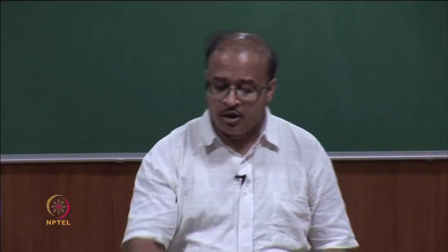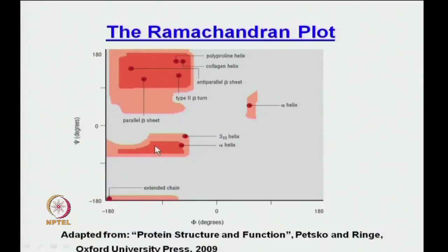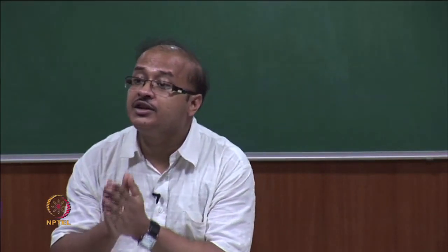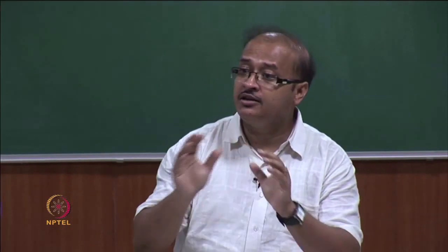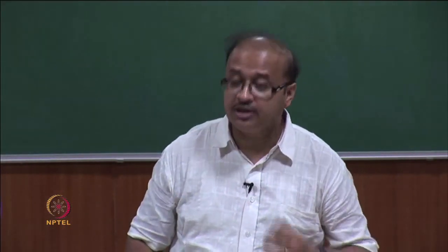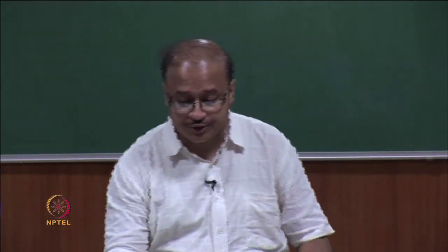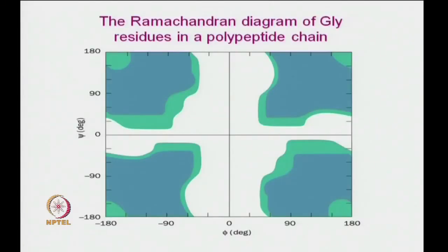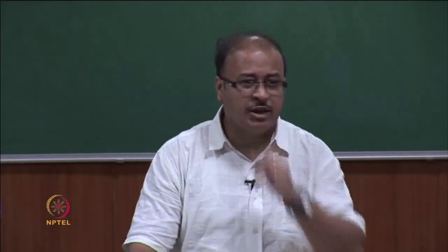Instead, we only have to consider these shaded regions, because these are the ones covered by the different secondary structural elements in different proteins, whether beta, alpha or mixtures of those, right. I think this was what I needed to discuss with you about the Ramachandran plot.